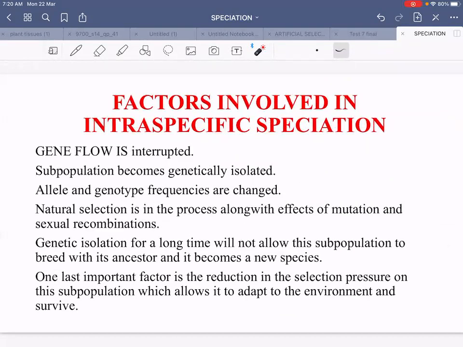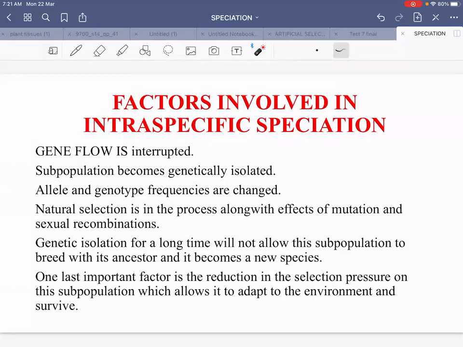Allele and genotype frequencies are changed. Natural selection is the process along with the effects of mutations and sexual recombinations. Genetic isolation for a long time will not allow this subpopulation to breed with its ancestor, and it becomes a new species. And one last important factor is the reduction of selection pressure on this subpopulation, which allows it to adapt to the environment and survive.